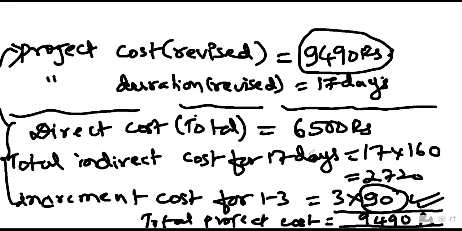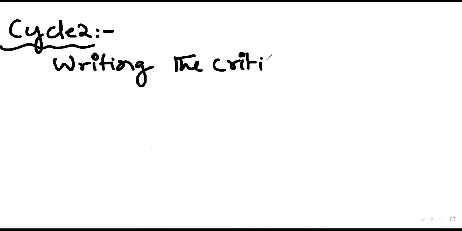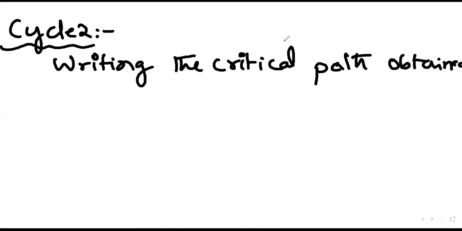All right, so we have determined 9,490 as the project cost. Next, what we do for cycle 2 is write the critical path obtained in the previous cycle.